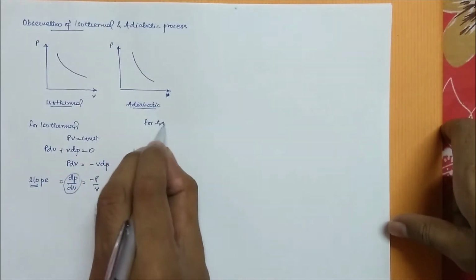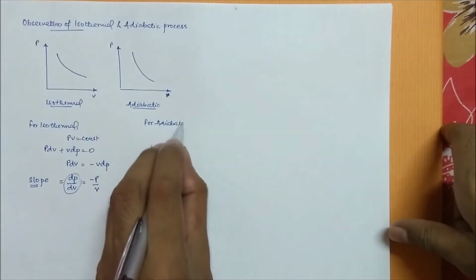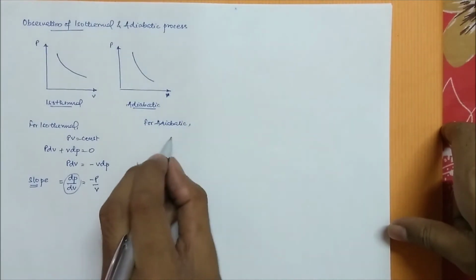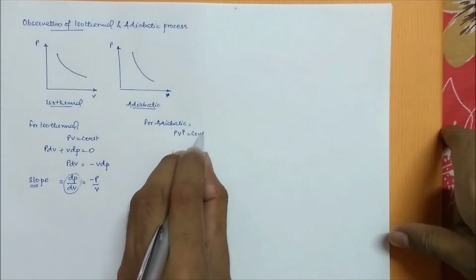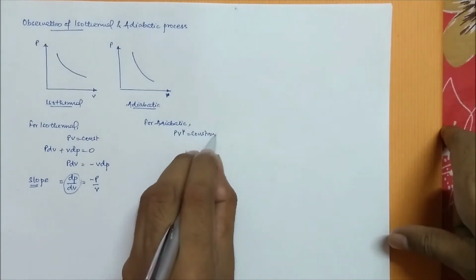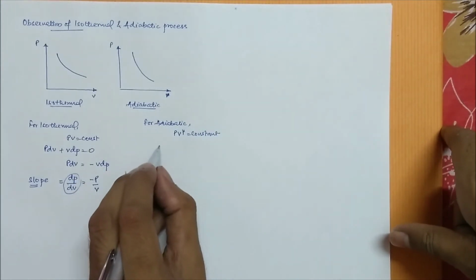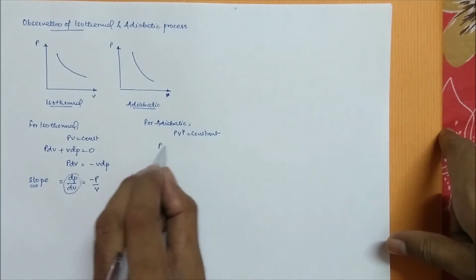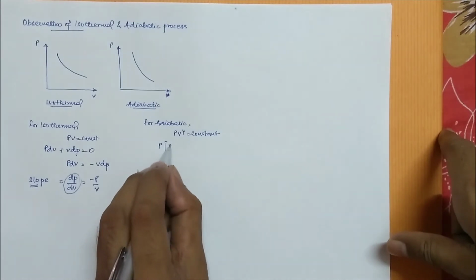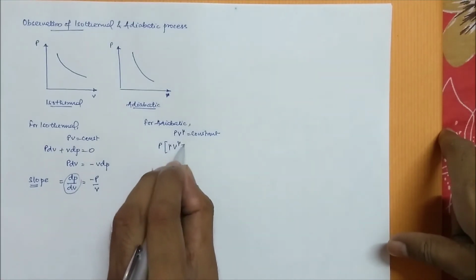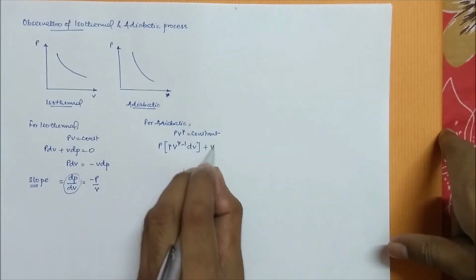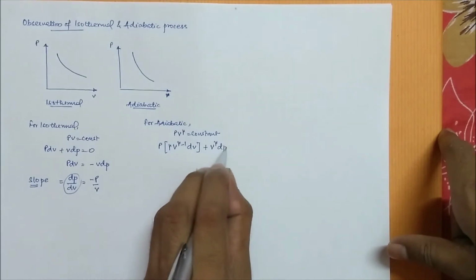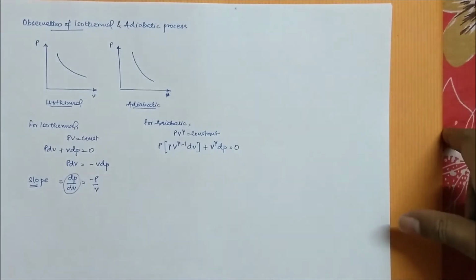For adiabatic, we have PV to the power gamma is constant, right? Then we have P gamma V to the power gamma minus 1 dV plus V to the power gamma dP is equal to 0, right?